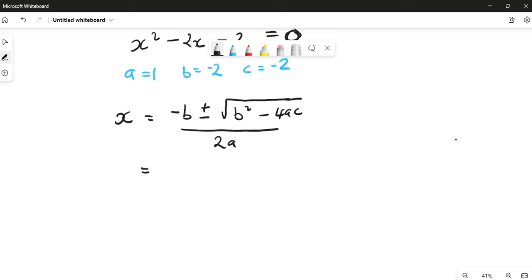Our b is negative 2, so we have negative negative 2, plus or minus the square root of negative 2 squared, minus 4 times our a, which is 1, and our c, which is negative 2, so 4 times 1 times negative 2.